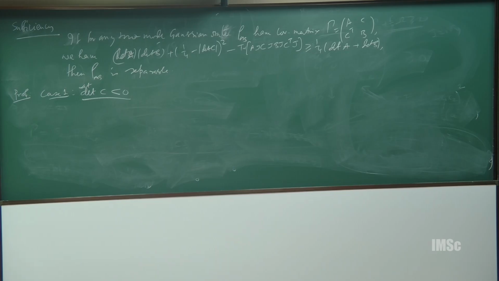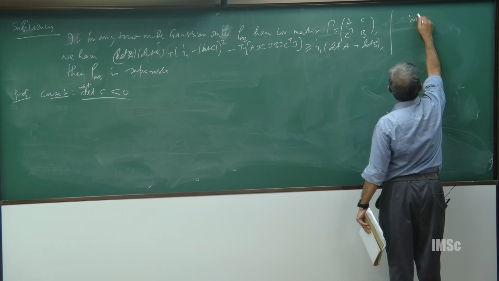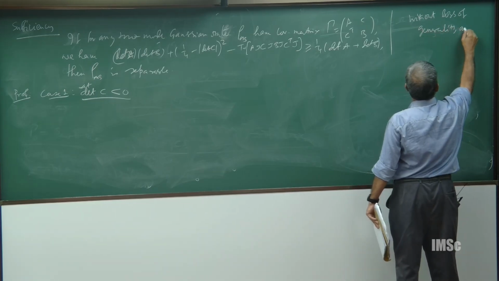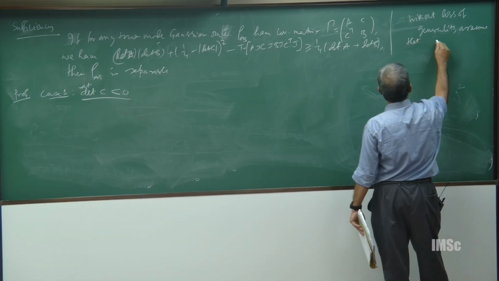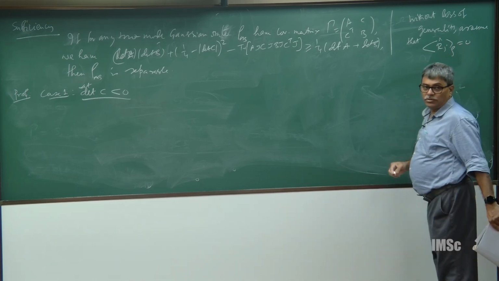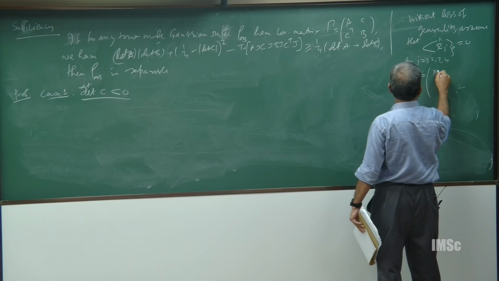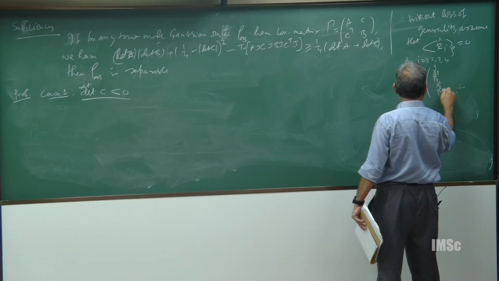Okay, good. By the way, I have assumed here that, without loss of generality, all the means are zero, for j equal to 1, 2, 3, 4, where r is this vector x1, p1, x2, p2.